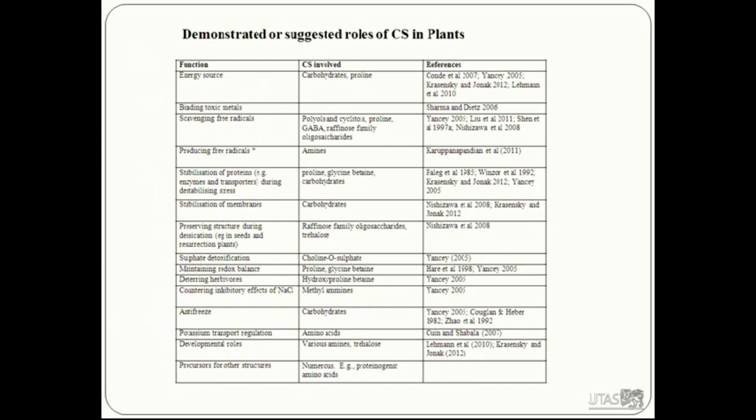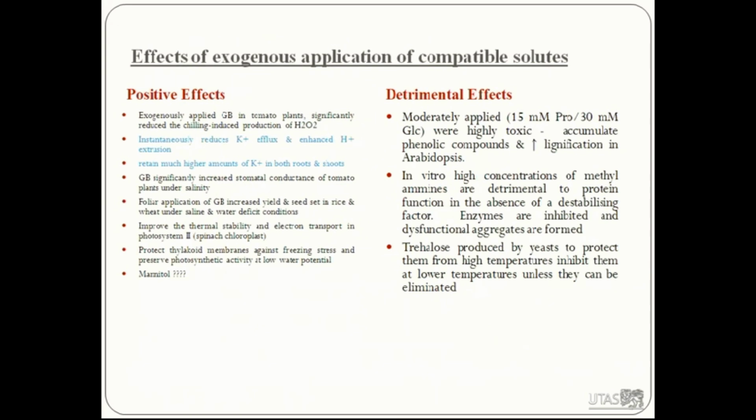Here is another list of documented roles of some compatible solutes with references, which mainly explain their in vitro roles. But how about in practice? Now, according to recent findings, it is concluded that creating transgenic plant species specified in producing high organic solutes by gene selection is not only counterproductive towards yield, but they're also apparently unable to produce a sufficient amount of the targeted solutes to ease the stress.